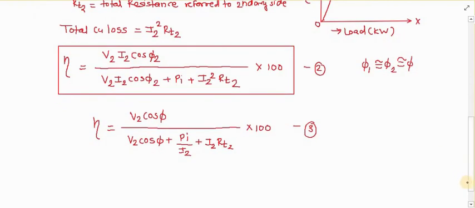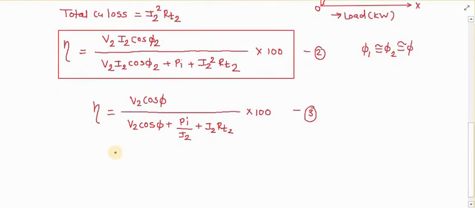If the secondary terminal voltage is assumed to be constant, then for a given load power factor cos phi, the efficiency will be maximum when the denominator of equation number 3 is minimum. So when will this happen?